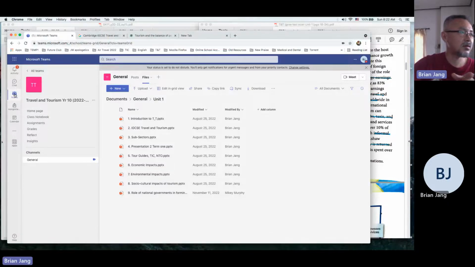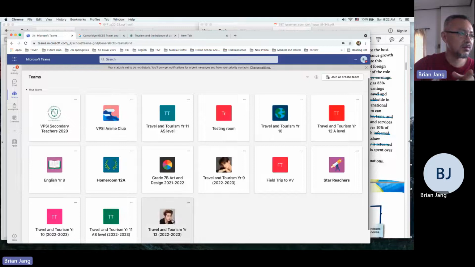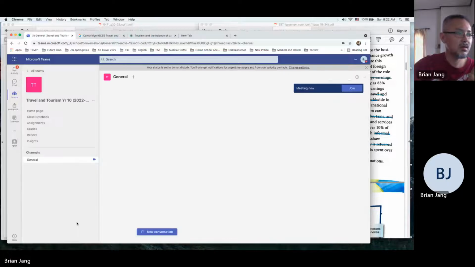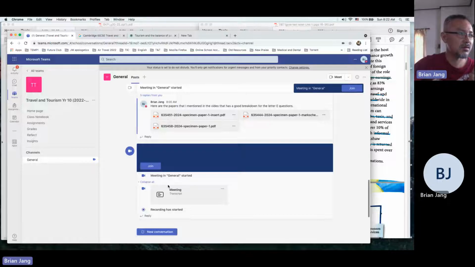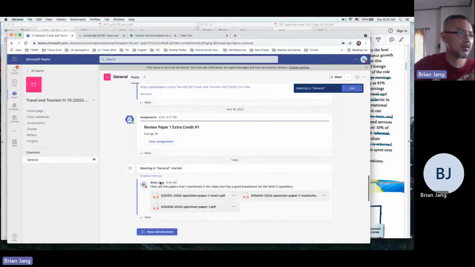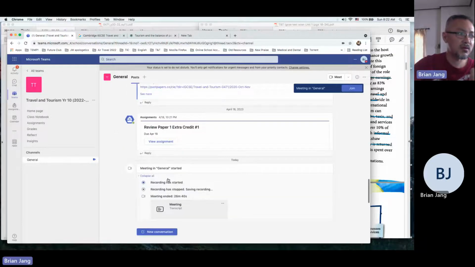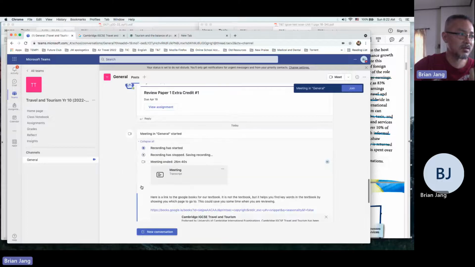So you go into the general tab, there's a link that brings you to the Google Books of this textbook. And in the general tab, that's the ongoing meeting right now. Oh, it's here. You have to open it up because there's more replies than one.